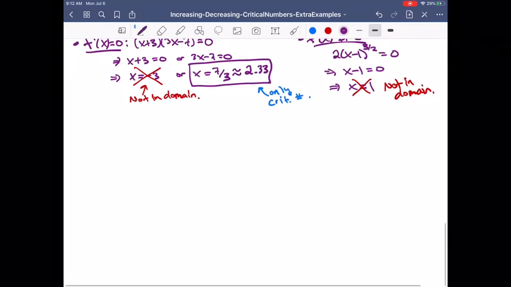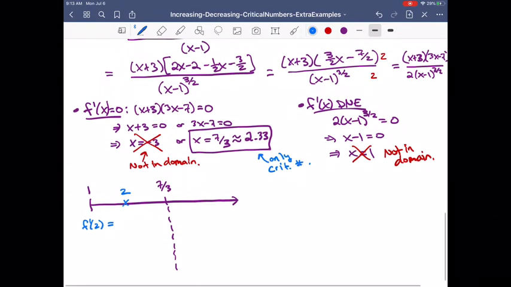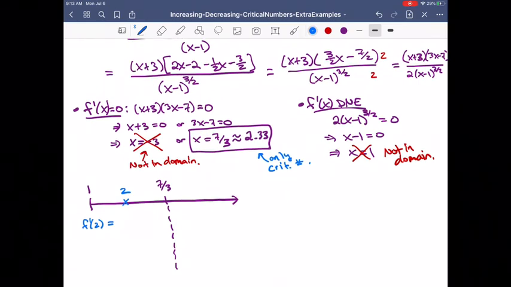So we make our number line. Remember that the smallest we can go is 1, so that's where it starts. And then we can split at 7/3. When you're picking a number, you want to be careful that you don't pick something less than or equal to 1. Like I said, this is 2.33, so maybe we pick 2. So f prime of 2, now I want my derivative. I'm using this one here.